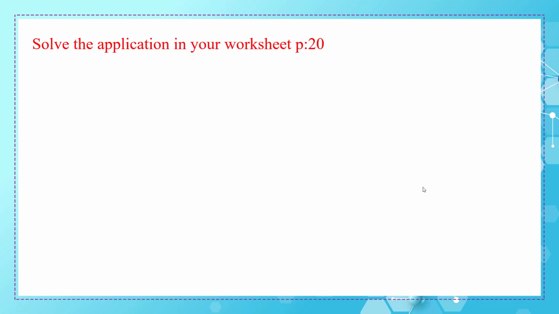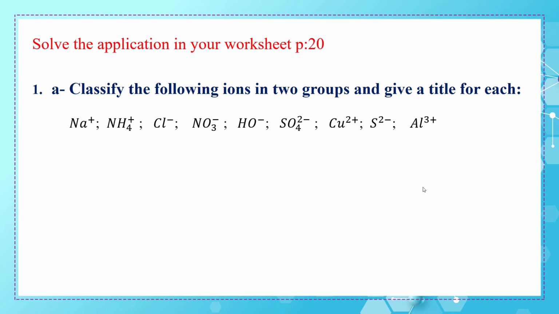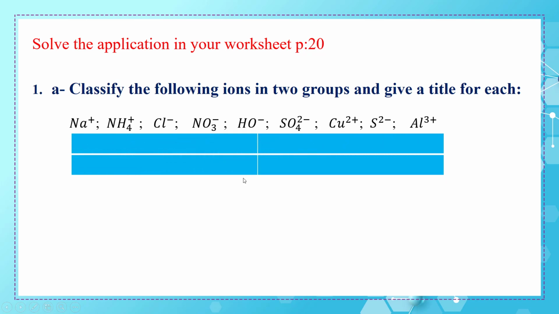So let us solve the application in your worksheet, page 20. The question is, classify the following ions into two groups and give a title for each. So here we have a group of ions and we want to classify them into two groups and give each group a title. If you look here, I see that there are a group of ions. Some of them are positively charged while the others are negatively charged.